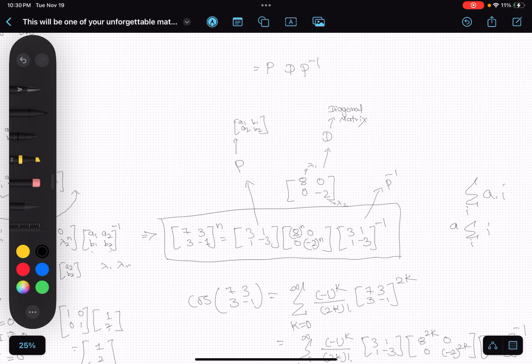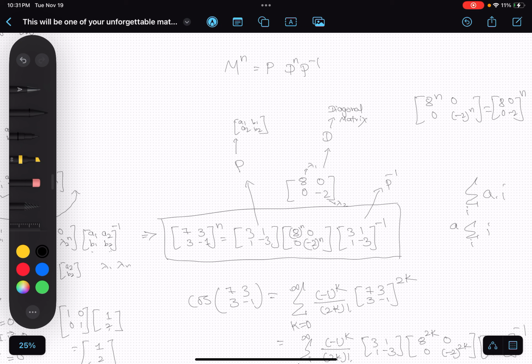We saw in this video that M to the power n is just P D to the power n P inverse. So if you raise a diagonal matrix to the power of n, just the diagonal elements will be raised to the nth power. I can also write D to the power n as the matrix 8 0 0 negative 2 to the power n, because if you try to compute it for n equal to 1 or 2, you will see why just the diagonal elements are raised to the nth power.